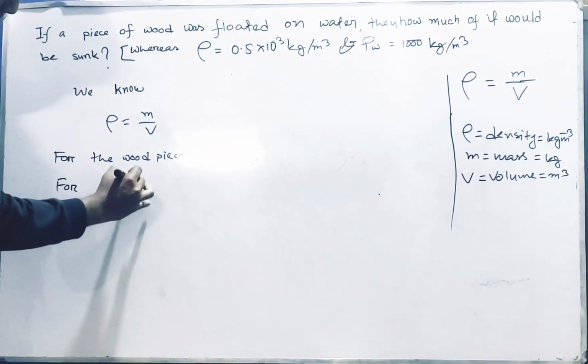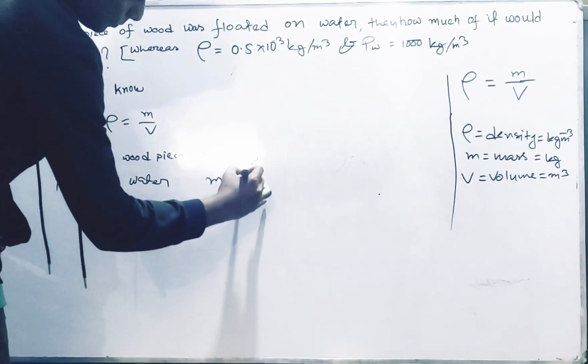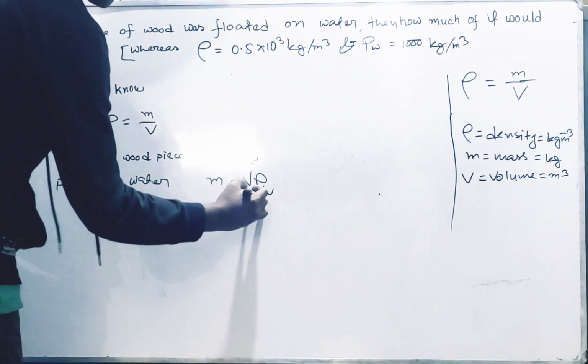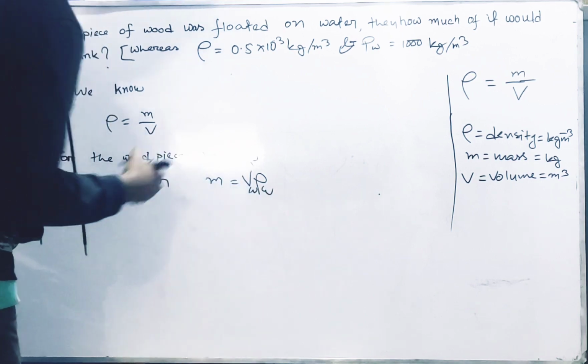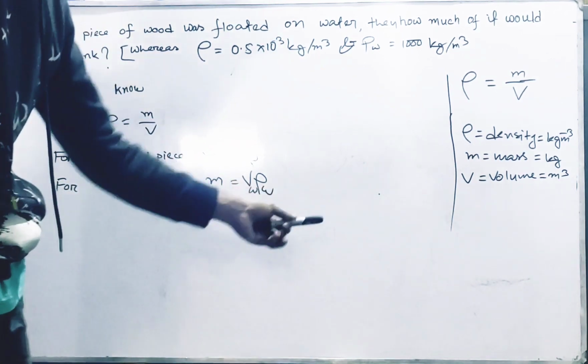For the water, then we will get vw rho w. Volume of water, density of water.